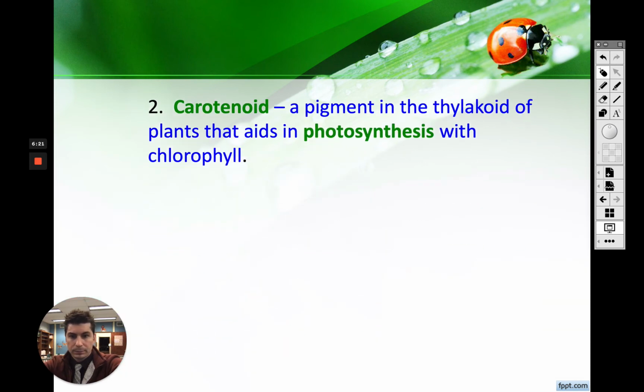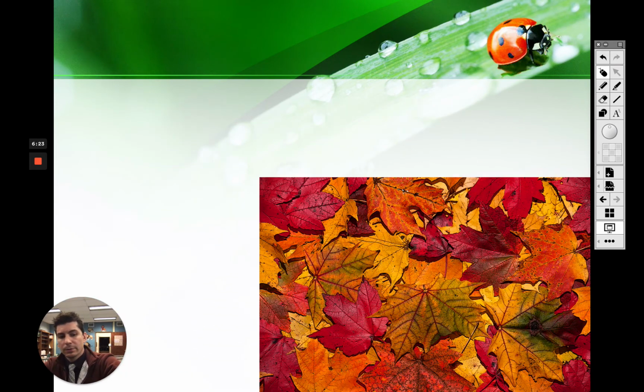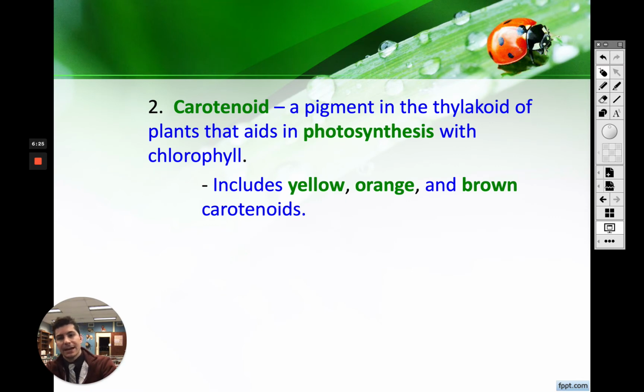The other pigment that we will find is called a carotenoid. This is an accessory pigment. It's different than our chlorophyll. It's a secondary pigment, so it's going to show us our colors when chlorophyll is not present.